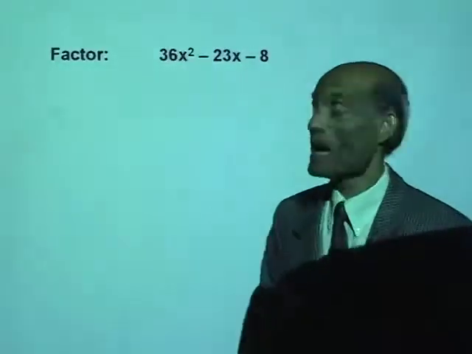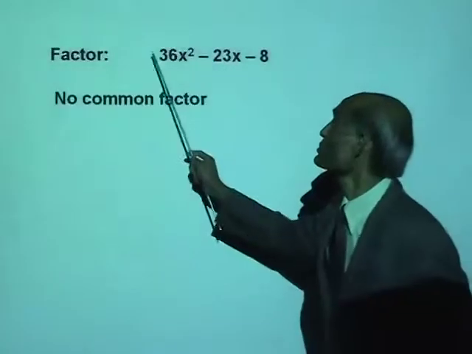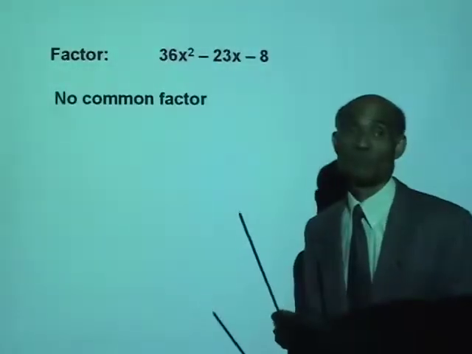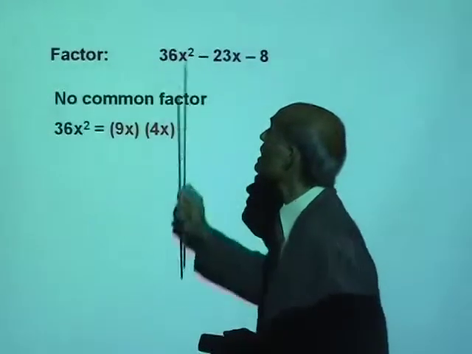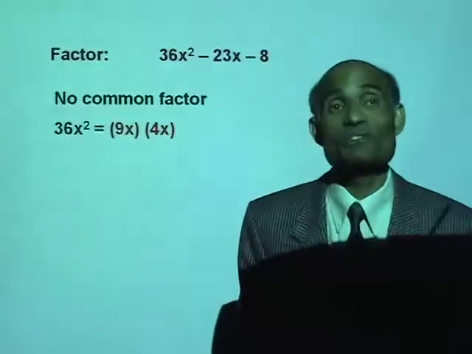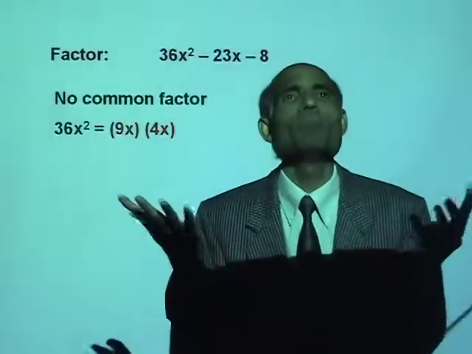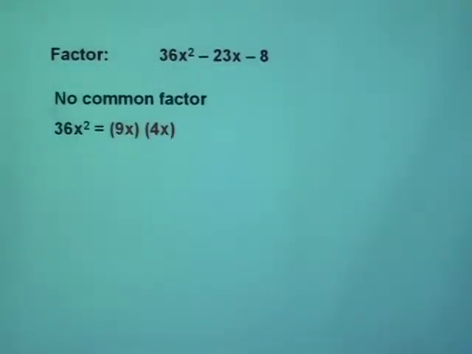Alright? Okay. Now, there are no common factors. You don't see any common factor, do you? No. Alright, first we start by factoring 36x squared. Well, you know 36x squared can be factored in many ways. What are some of the ways 36x squared can be factored?